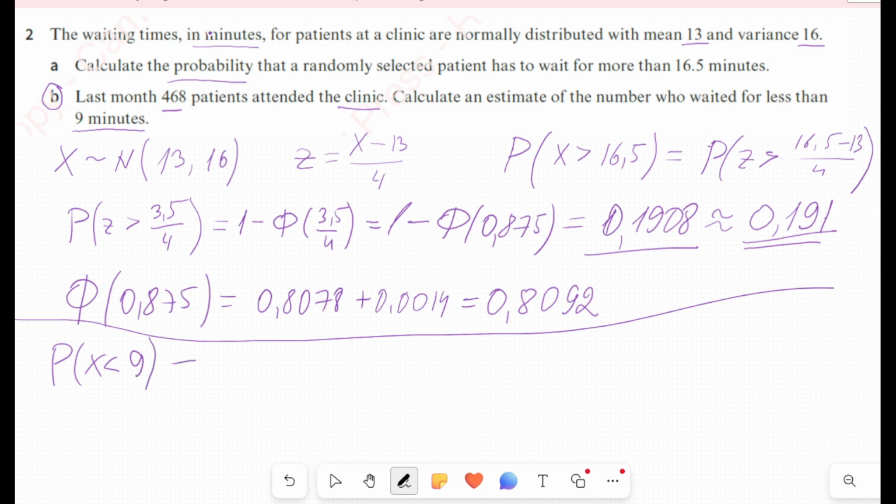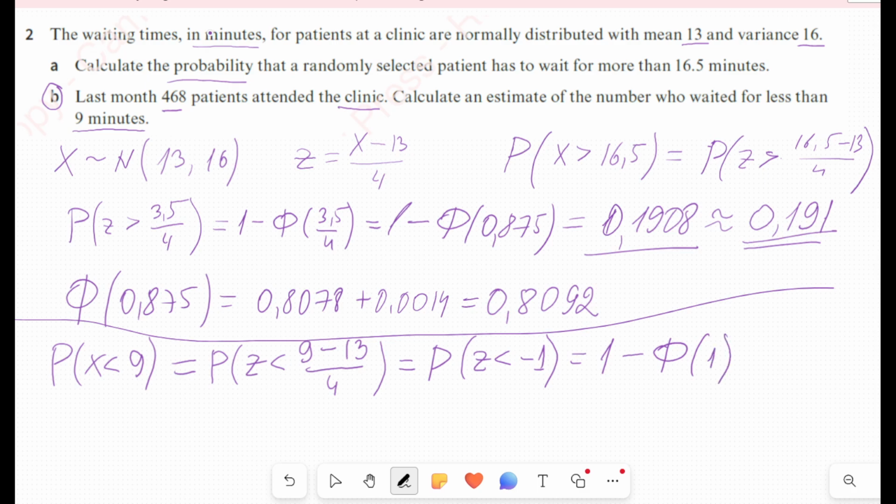It is equal to the probability that Z is smaller than 9 minus 13 divided by 4. This is the probability that Z is smaller than minus 1, which is equal to 1 minus phi of 1.